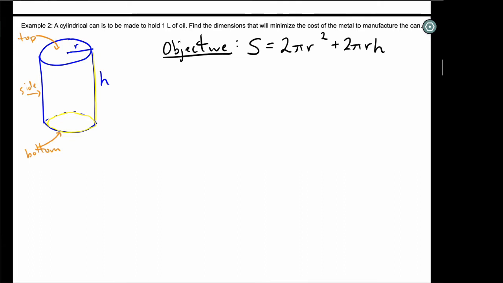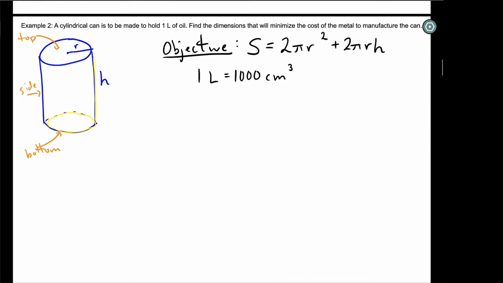Okay, so that's our objective function. Now we need our constraint. So for the constraint here, we need to get our units straight. One thing I want to specify is that 1 liter is equal to 1,000 cubic centimeters. And in that case, we're going to measure the radius and the height in terms of centimeters.